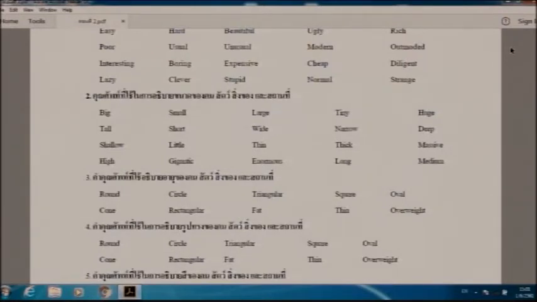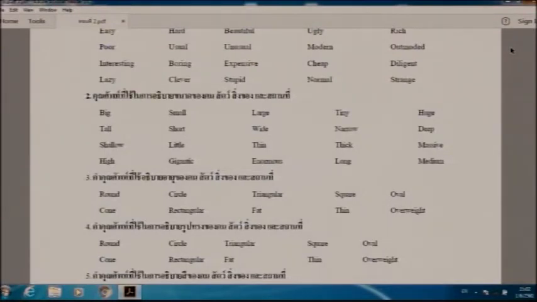Thin is something a bit tiny in width, for example, the thread. Do you know the thread that we use for sewing? It is thin. But thin can also be used to describe a person. Some ladies are thin. Some men are thin.